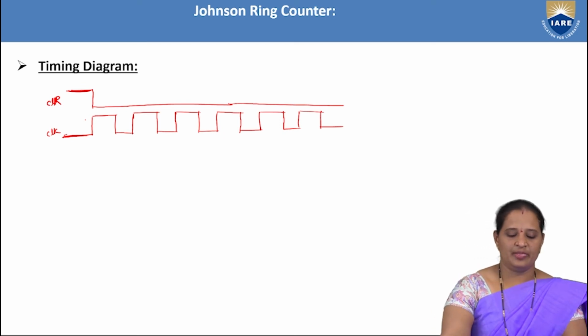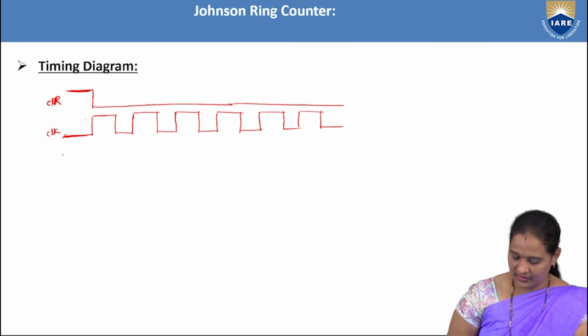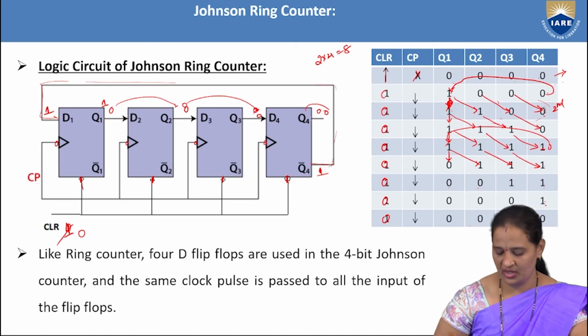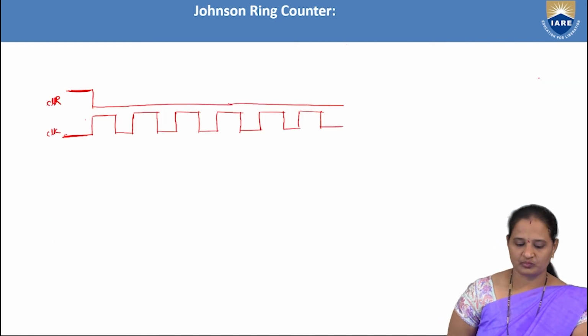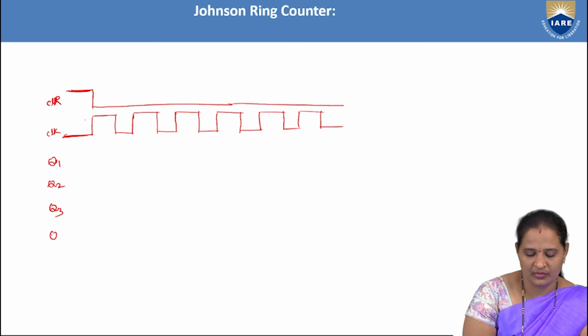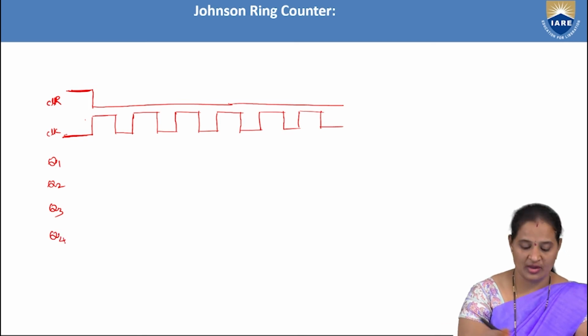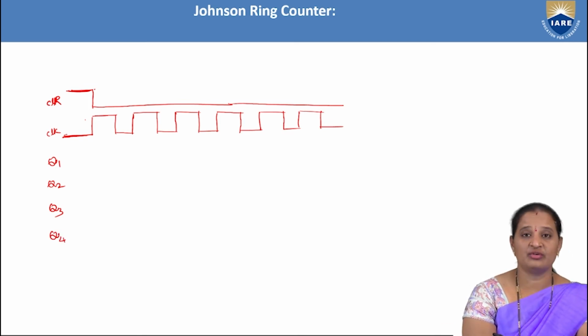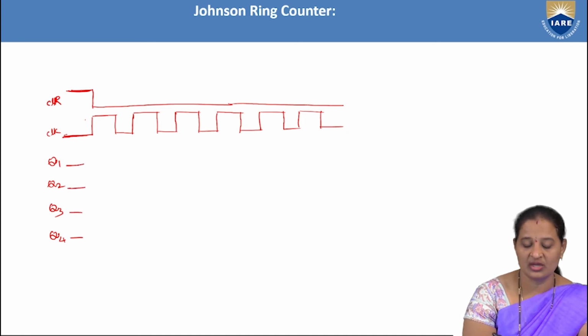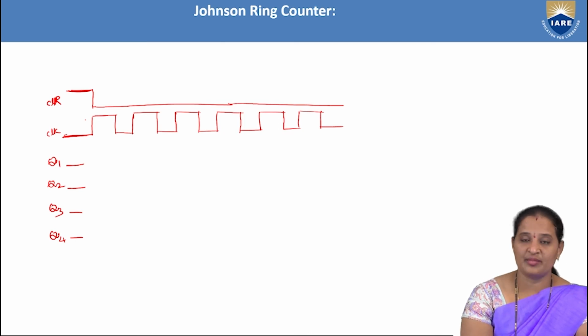Now let us take Q1, Q2, Q3, Q4. Initially, when the clear input was 1, all the outputs Q1, Q2, Q3 and Q4 were zeros.